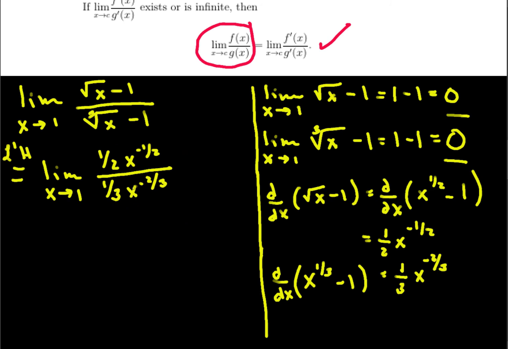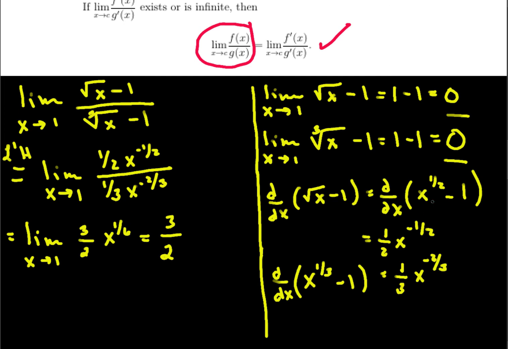And doing some basic simplifying, I've got x to the negative 1/2 next to negative 2/3. So this is the same as the limit as x approaches 1 of 3/2 x to the 1/6. And this is a continuous function, and so we could just plug 1 in, and this is equal to 3/2. No work of having to factor out largest powers of x or do any business like that.